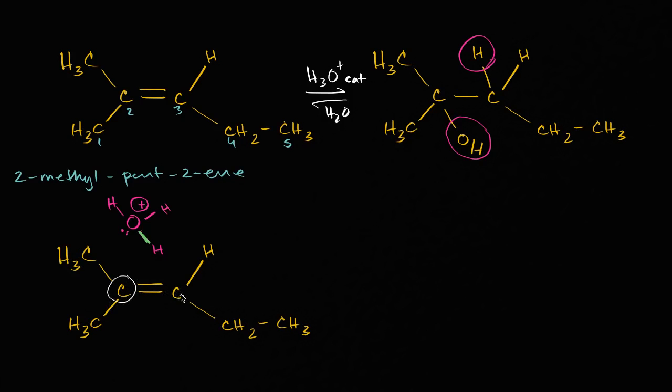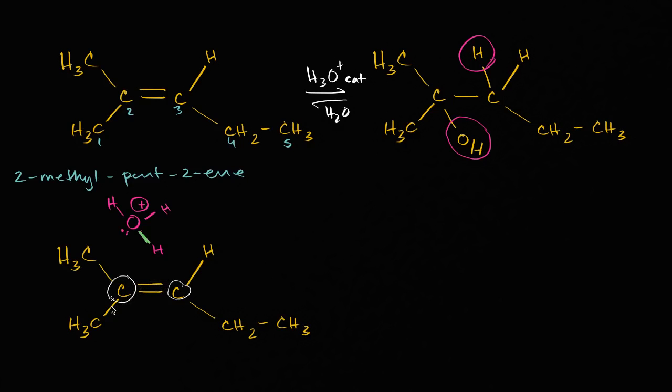This one right over here, the carbon on the other side of the double bond, is only bonded to 1, 2 carbons. So this is a secondary carbon. So the tertiary carbon is going to be more stable as a carbocation. You can think of it as it can spread the charge a little bit. So it would be more likely to lose the electrons in one of these bonds.